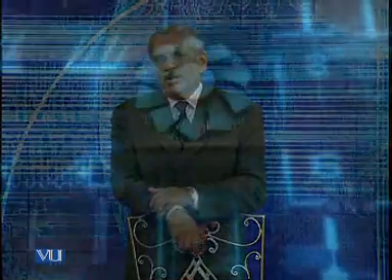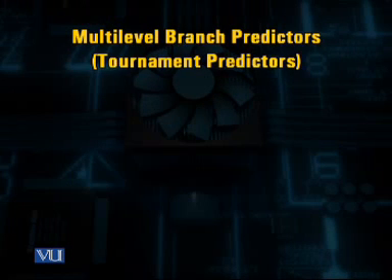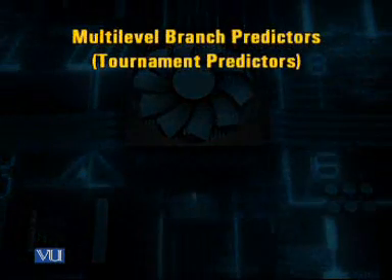Now, with this much discussion on correlating predictors, we will talk about multi-level branch prediction. Multi-level branch prediction means that if in any program we have nested branching, how we can predict the behavior of these branches so that the overall number of stalls is minimized.